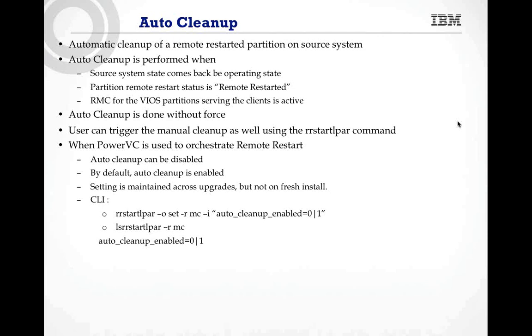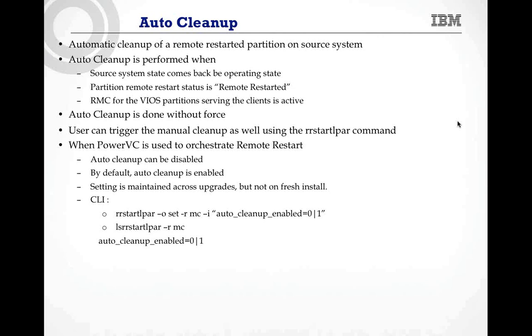And so basically, right now, if you're in 840 HMC, after you do an SRR and the server comes back up, you, the user, have to do the cleanup, doing the remote restart -o cleanup command. In 850, you can set it to be auto cleaned up, and when that server comes back up, the HMC will say, "Oh, you had auto cleanup set up, and we actually have done SRR of these 3 partitions or these 10 partitions or all the partitions.